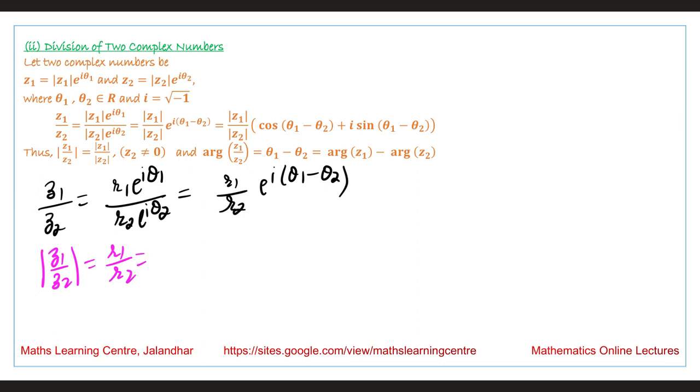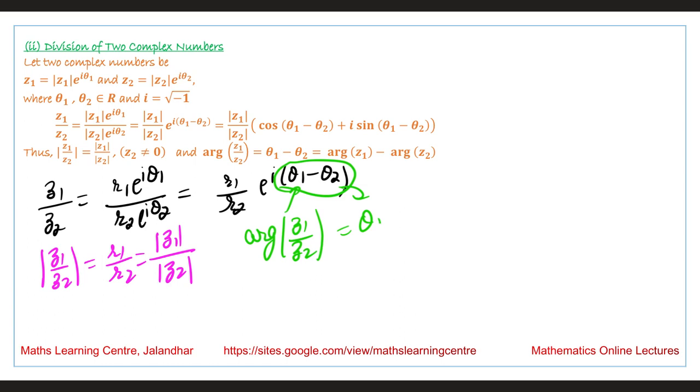And what is r1 by r2? It is modulus of z1 divided by modulus of z2. And the argument of z1 by z2 is equal to theta 1 minus theta 2. So that is equal to argument of z1 minus argument of z2.